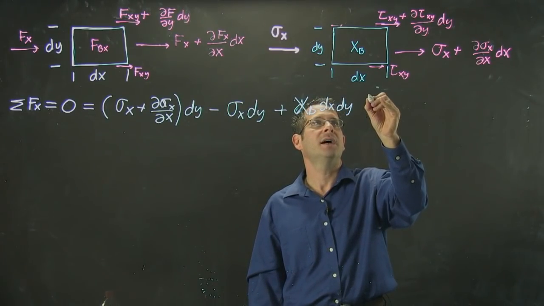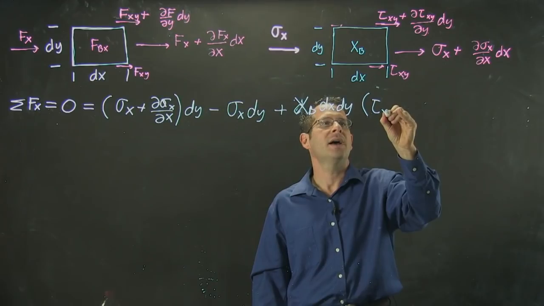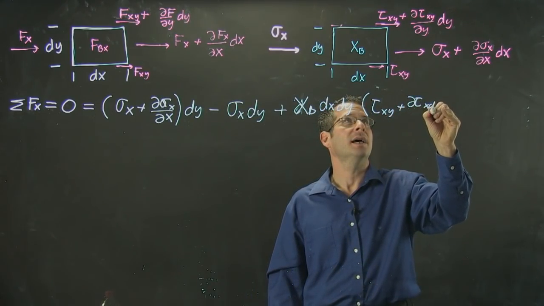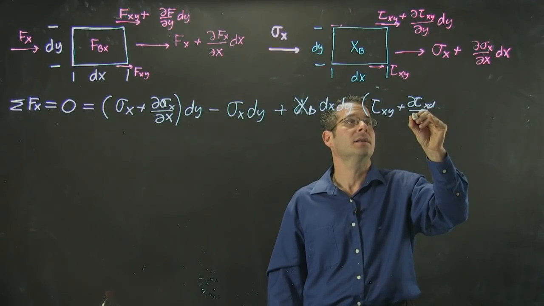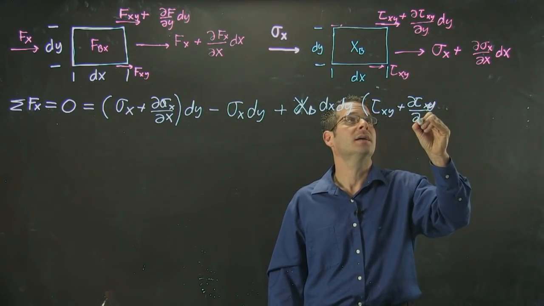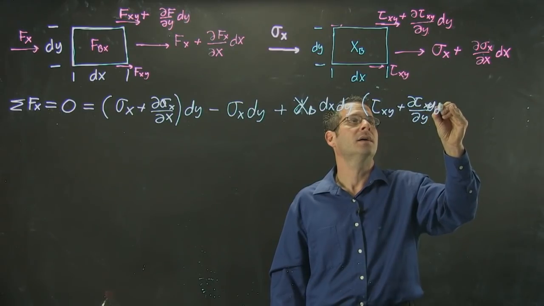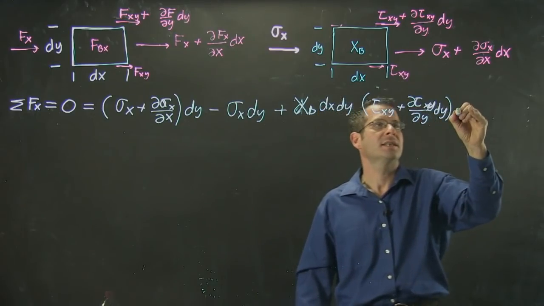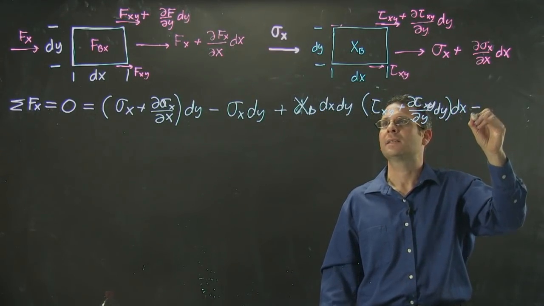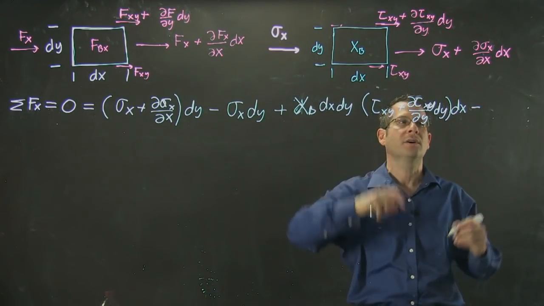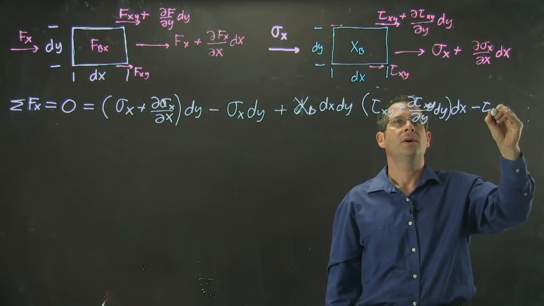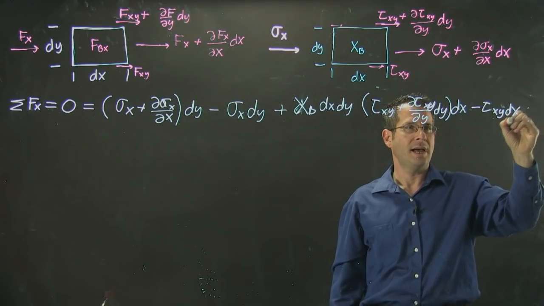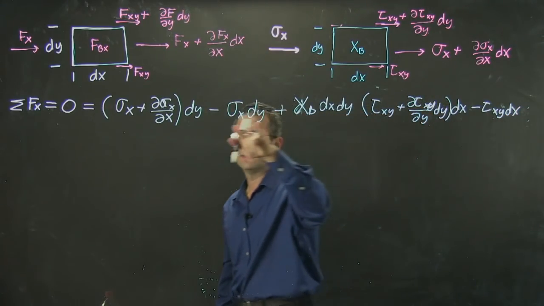I'll have tau xy plus d tau dy, dy. That's times this face dx minus what's going on here, which is tau xy dx. Again, all of this is equal to 0.